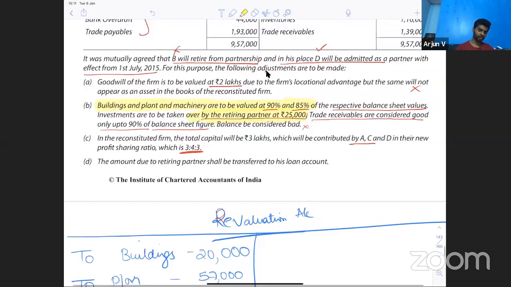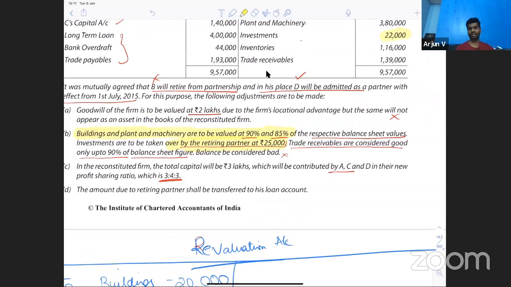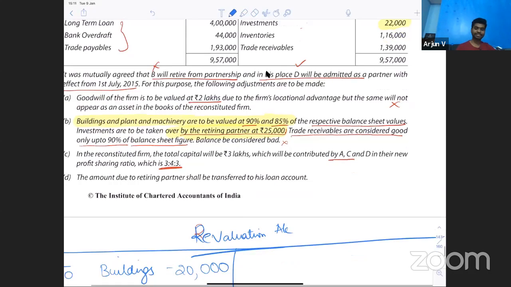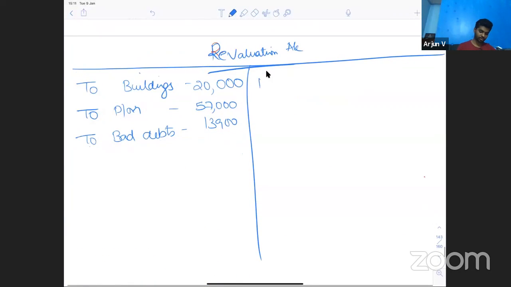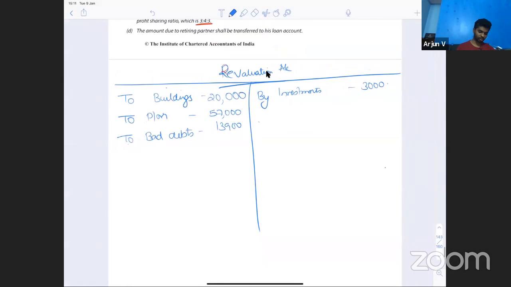Now see the investment portion. Investment is taken over at 25,000, whereas the value was 22,000. Therefore, there is an increase in the value of investments. By investments 3,000, correct? Therefore, I have a loss.